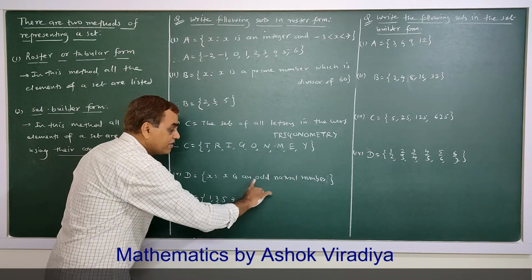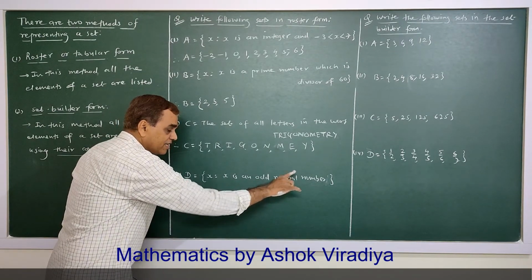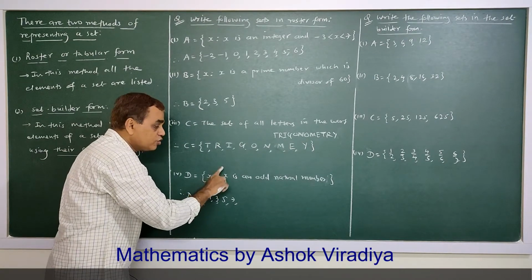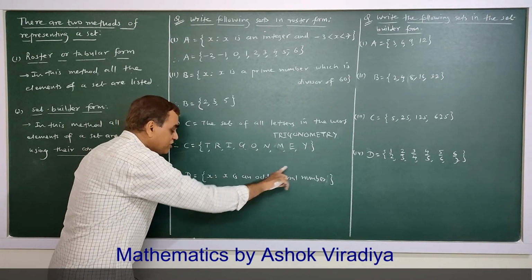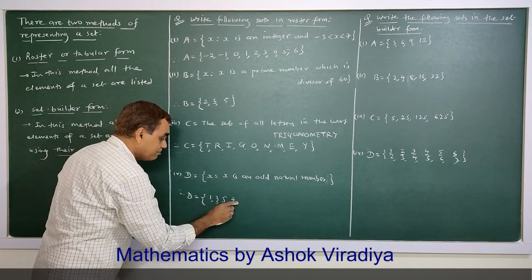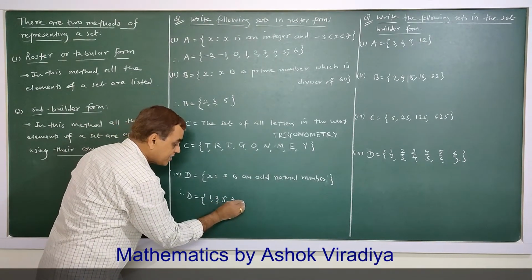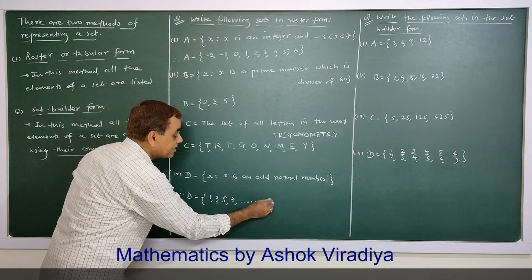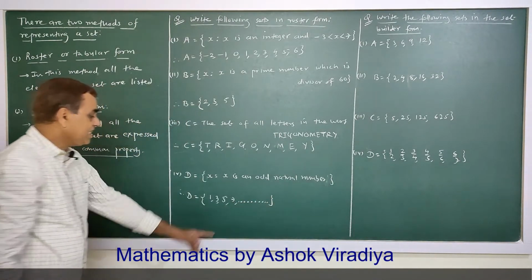Here we are not given any restriction on the maximum or minimum of X, so we take all odd natural numbers, shown by dashes. So this set contains infinite elements. This is an infinite set.